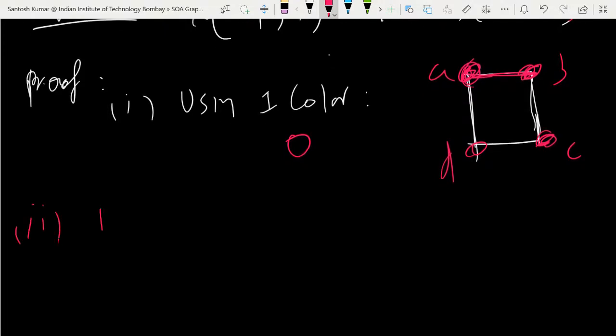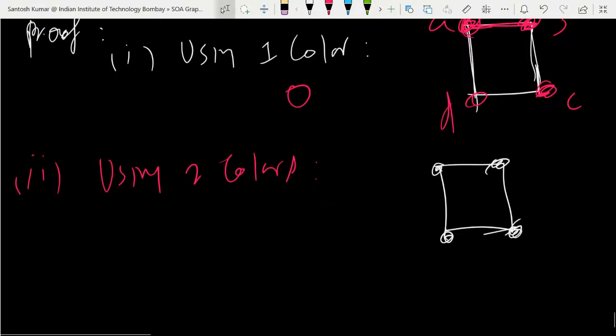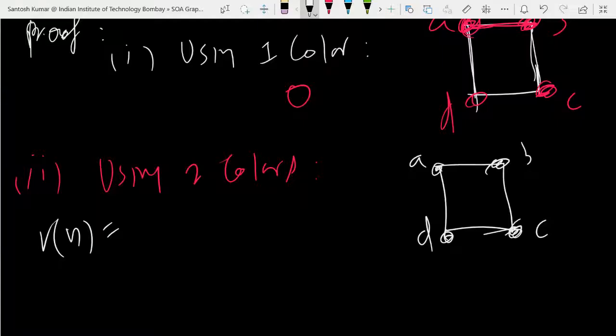In the second case, using two colors, you have a total of K colors, but you will use any two of them. Think in the same way, just there was 5, here it is K. We have four vertices, and I want to break the vertex set into two independent partitions, AC and BD.